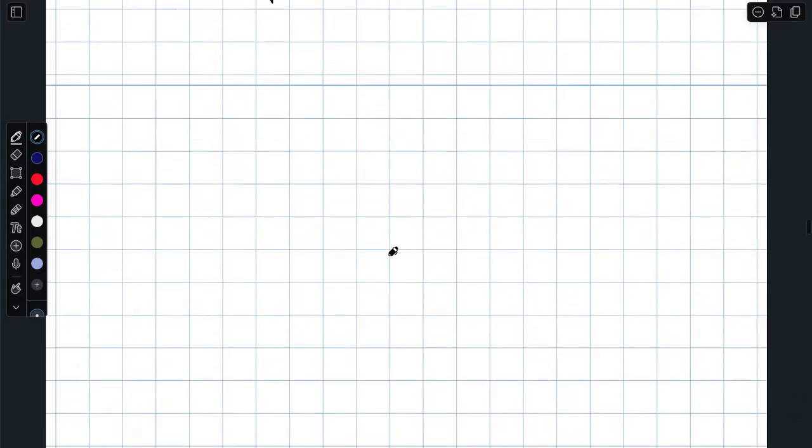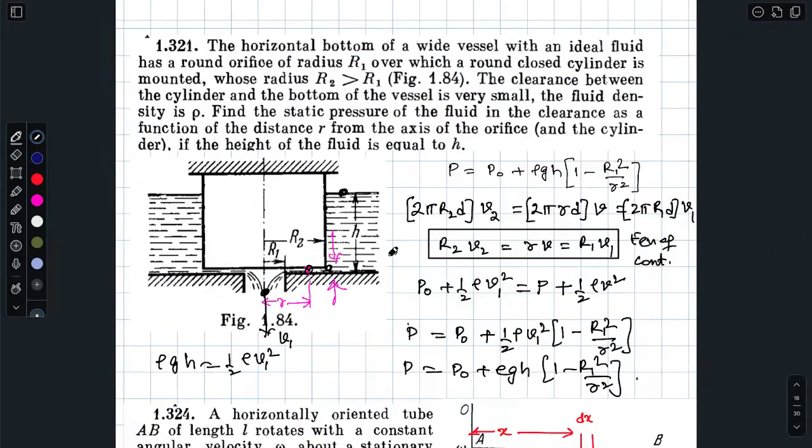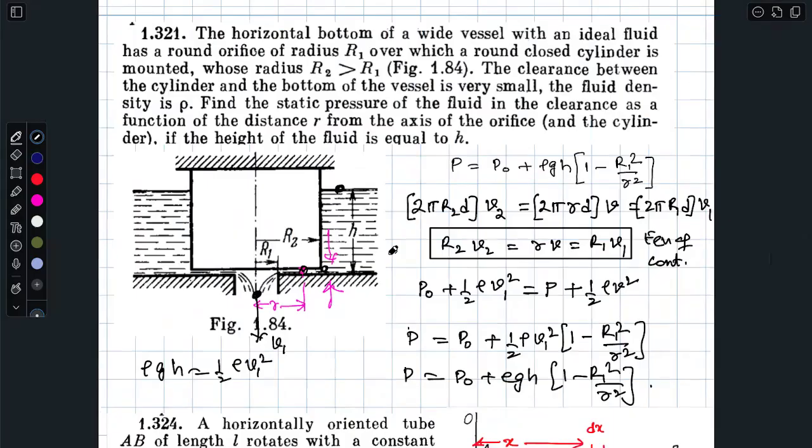Next question. This is an Irodov question, very famous question. Please go through the question.